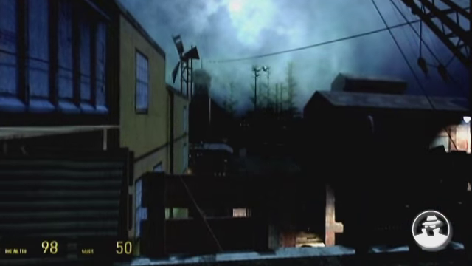This part of town has been booby-trapped by a friend of yours named Father Grigori, who's kind of a survivalist monk. He's left traps all over the place for you to make use of.